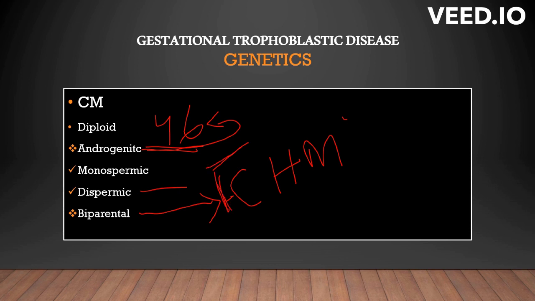This is a condition in which there is a defect running in families in an autosomal recessive manner, when in a single family, two or more family members are affected with molar pregnancy twice or more than twice. This is termed familial complete hydatidiform mole.